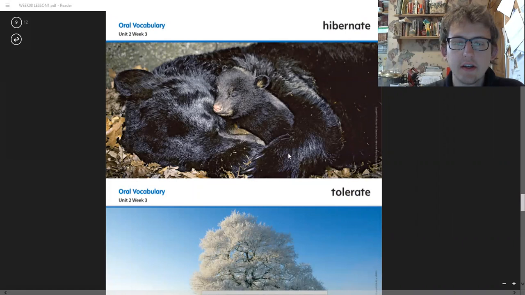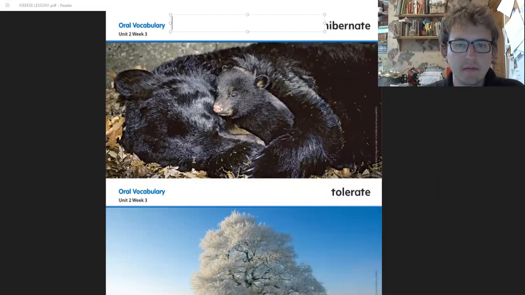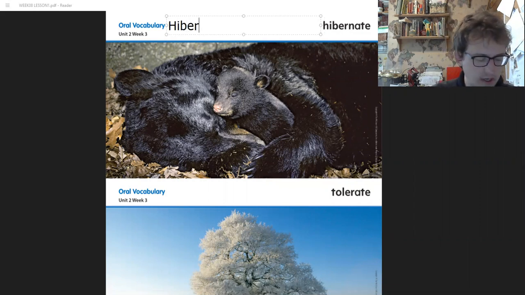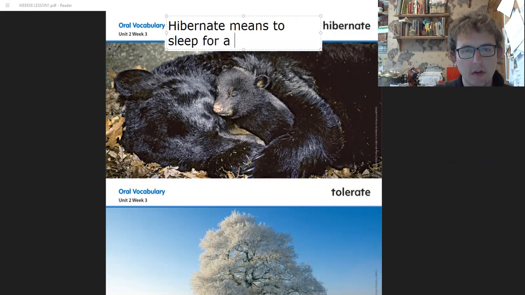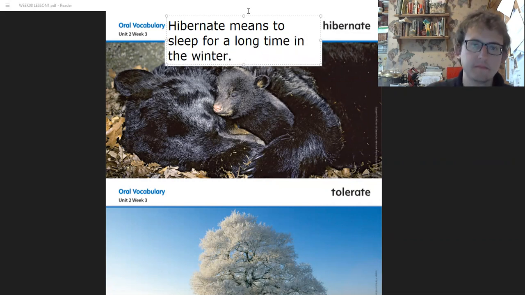Oh, look, here's another bear. So let's describe the word hibernate. Hibernate means to sleep for a long time in the winter. Okay?